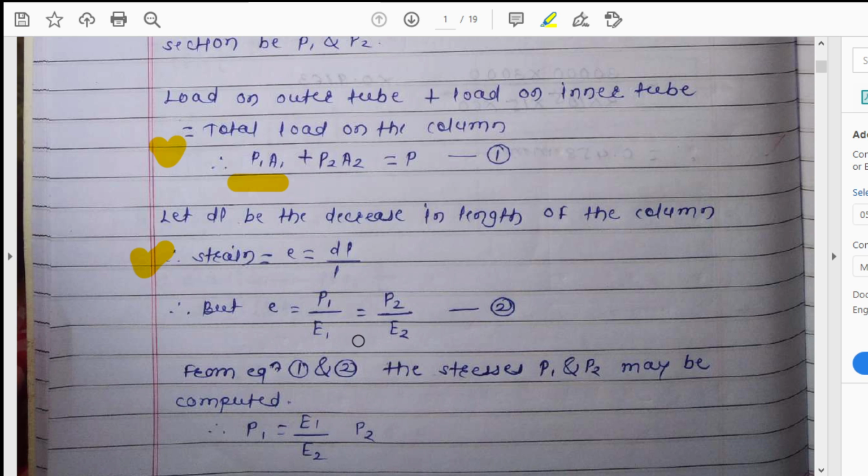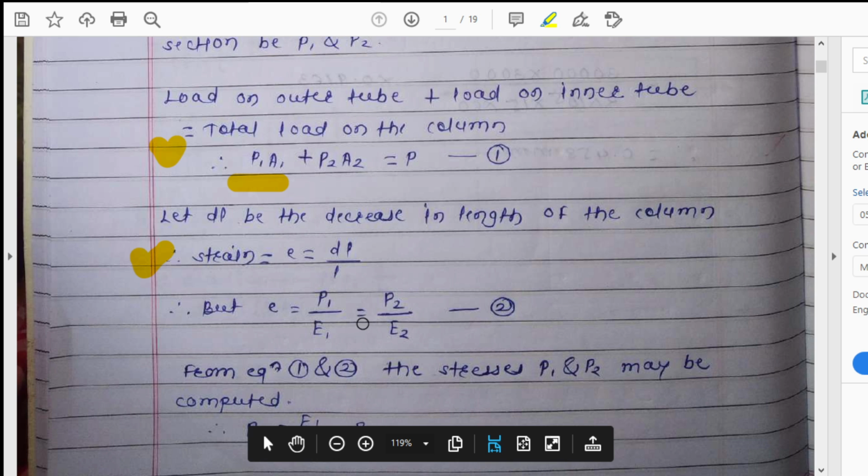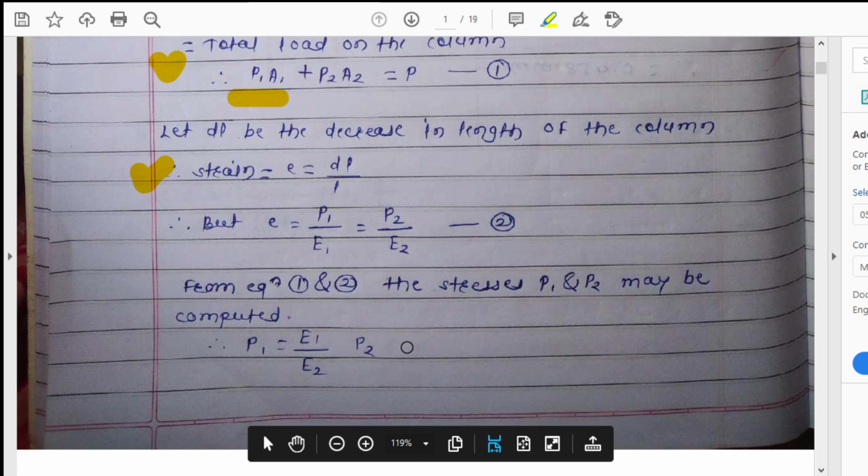Okay, so the strain is stress upon Young's modulus of inner and stress upon Young's modulus of outer. These both are equal in magnitude. So P1 upon E1 equals P2 upon E2.